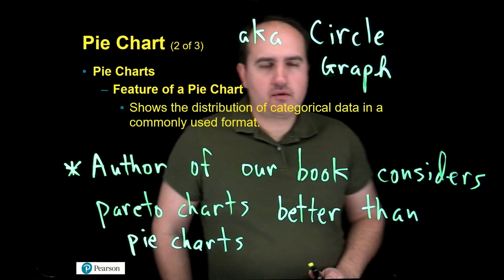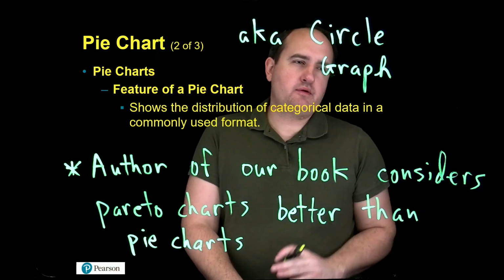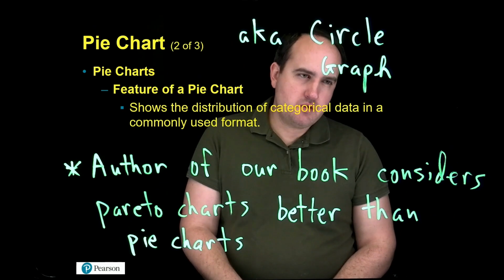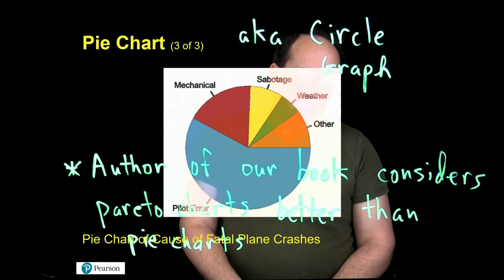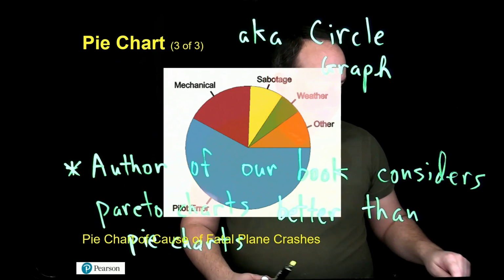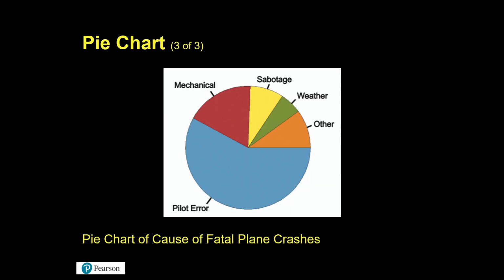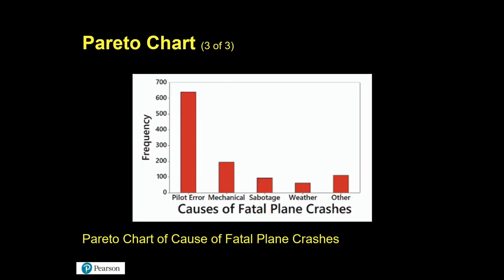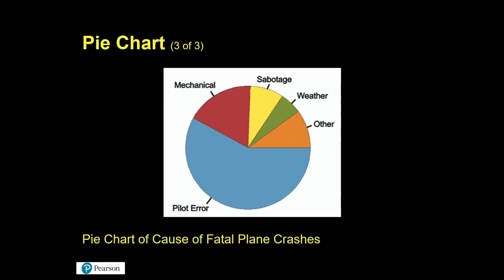All right. So, of course, even if you don't agree with the author, I tend to agree with him that looking at a circle graph or a pie chart is less useful than looking at a Pareto chart, because with a Pareto chart, everything's sort of organized from left to right, whereas with the pie chart, things are more difficult to order.